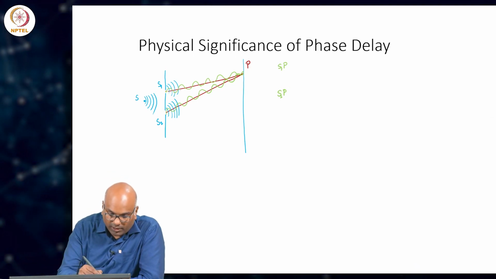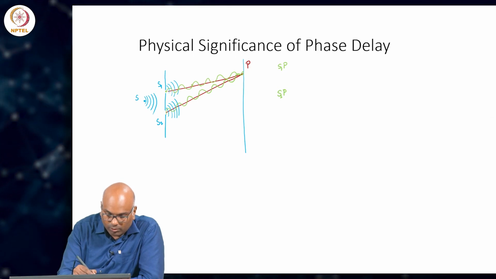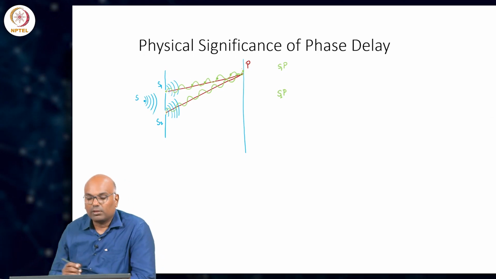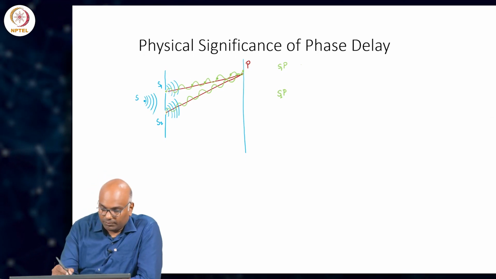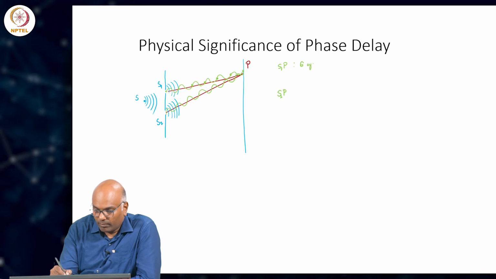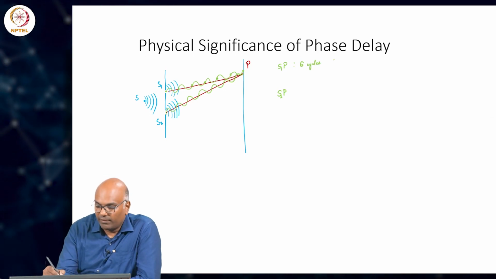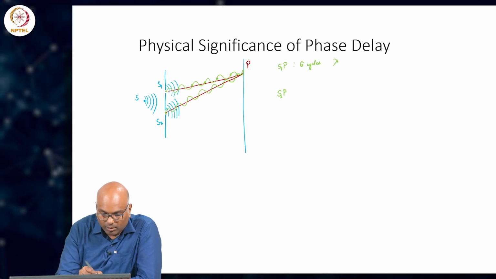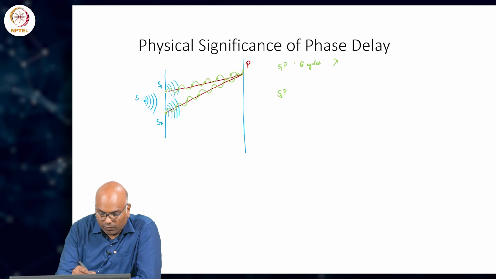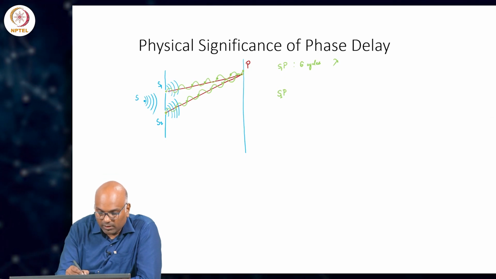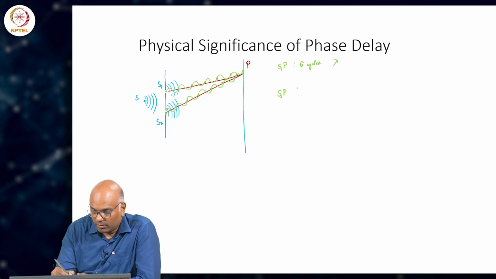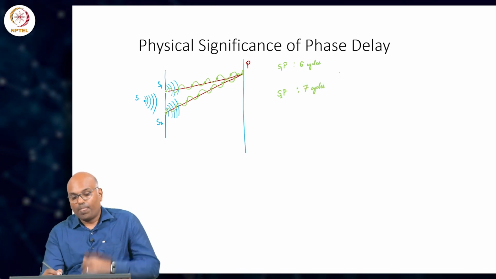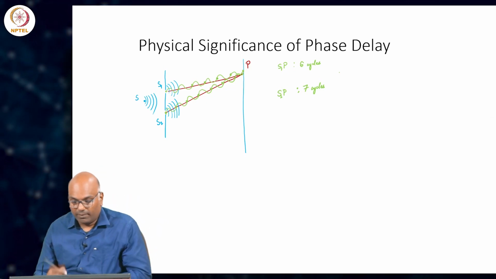So, you have cycle 1, 2, 3, 4, 5, 6 cycles. Or 6 wavelengths, 6 spatial periods in this case. In this case, it is 1, 2, 3, 4, 5, 6, about 7. We have to be more exact than that, but what does this tell me?